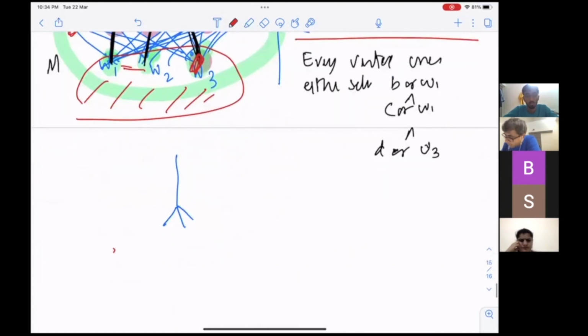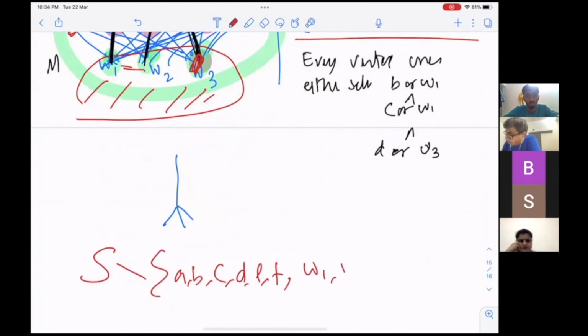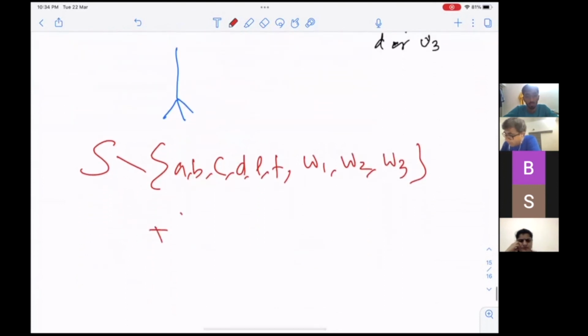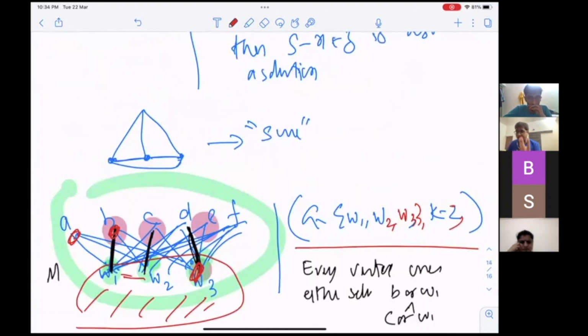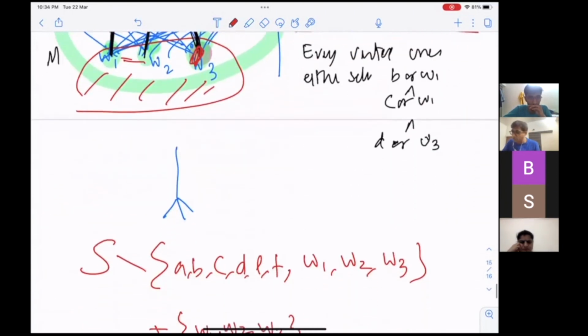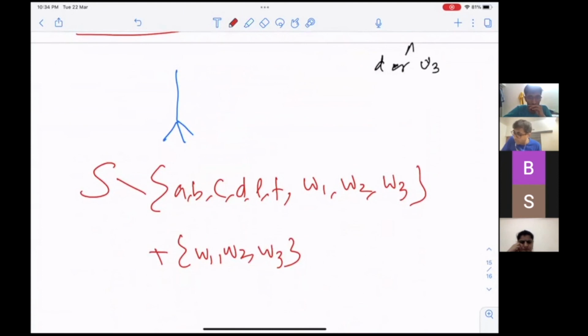Look at S minus {A, B, C, D, E, F, W1, W2, W3}, plus W1, W2, W3. Because we have a matching of size 3 hidden here, when you delete this whole A, B, C, D, E, F, W1, W2, W3, you are deleting at least 3 vertices.